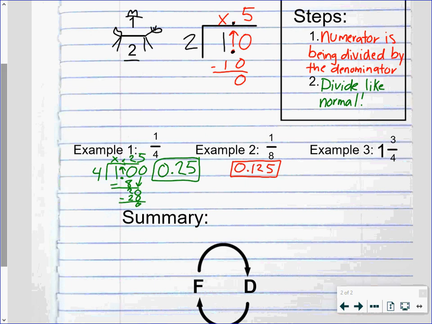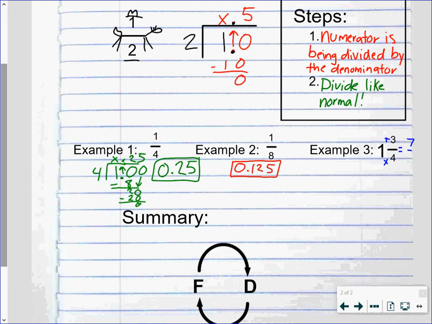Try number 3 on your own. Well, actually, let's go over number 3 really quick. So one way to do this is to turn this into an improper fraction and then solve it. So we have 4 times 1 is 4, plus 3 is 7.